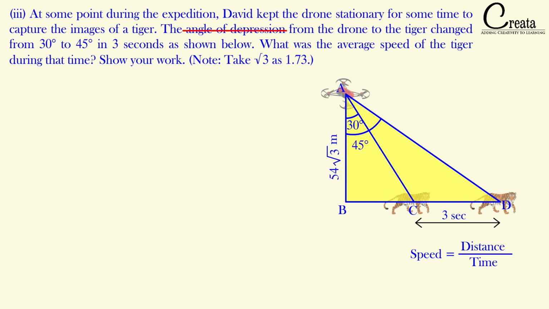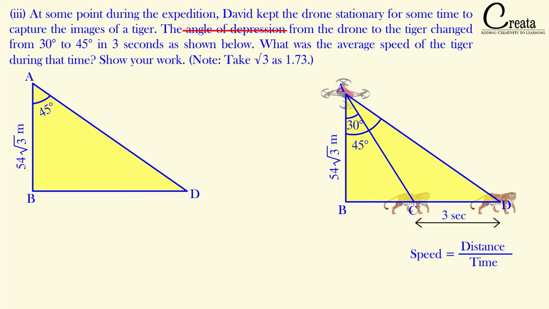Firstly, let's take this triangle, the big triangle with a trigonometric angle as 45 degree. For this triangle, this side will be the perpendicular as this side is opposite to our trigonometric angle, and this side will be the base. Base is the side between the 90 degree angle and the trigonometric angle. So again, base and perpendicular are coming into the picture. Let's use tan theta. Tan theta is equal to perpendicular upon base.